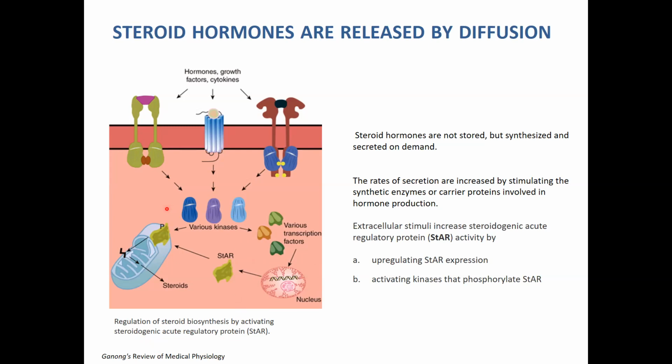This protein is involved in transporting cholesterol from the outer mitochondrial membrane to the inner mitochondrial membrane, and that is a rate-limiting step to producing all your steroid hormones, because it makes pregnenolone. This is the key rate-limiting step in the synthesis of all steroid hormones coming out of the adrenal gland.